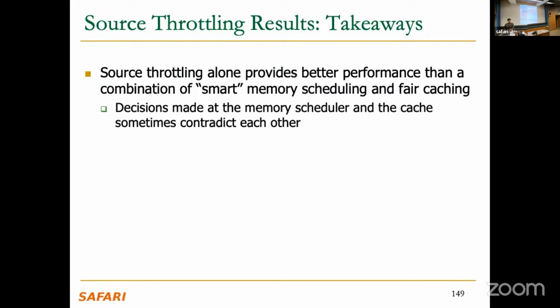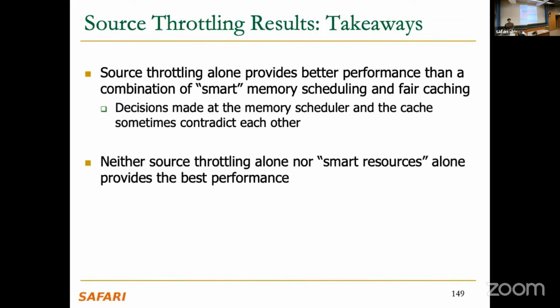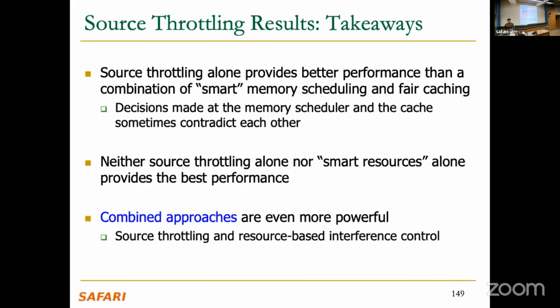This is because if you have those two techniques implemented in the same system, sometimes the decisions that the fair caching technique makes contradict the decisions that your memory controller makes. So they have to cooperate, basically, and they're not cooperating. We also see that source throttling alone or smart resources alone cannot provide the best performance. So combining them is likely better.